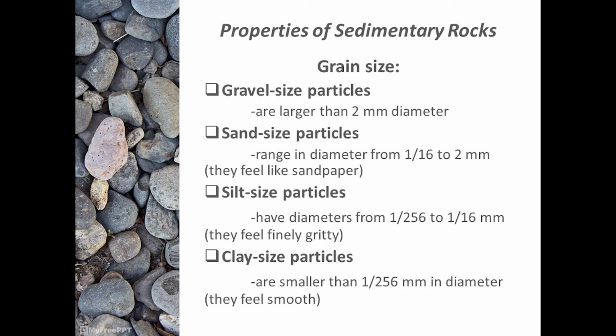Sand-sized particles range in diameter from 1/16 to 2 mm, and they feel like sandpaper. As for silt-sized particles, these have diameters from 1/256 to 1/16 mm, and they feel finely gritty. Last are the clay-sized particles that are smaller than 1/256 mm in diameter, and they feel smooth.